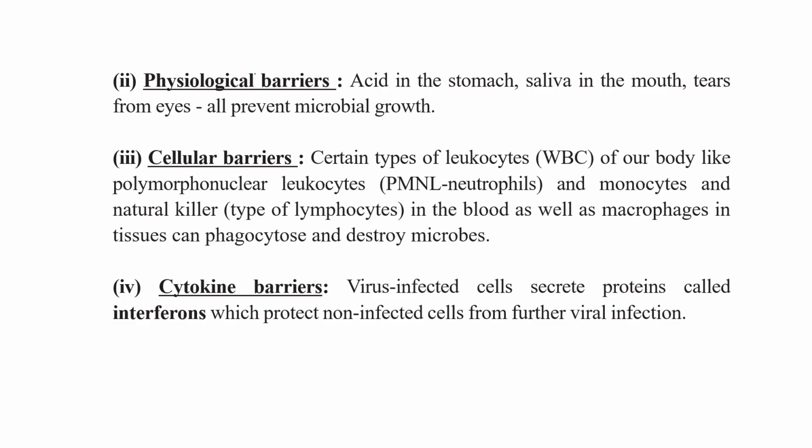The second type of innate immunity is the physiological barrier. In the physiological barrier, some physiological parameters help provide immunity, like the acid HCl in our stomach, saliva in our mouth, and tears in our eyes.